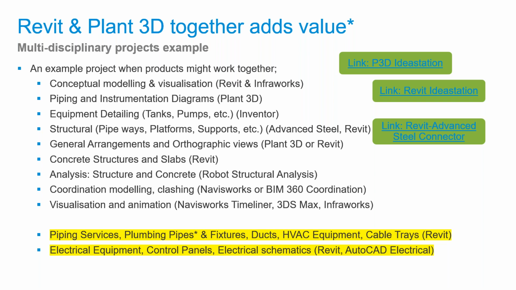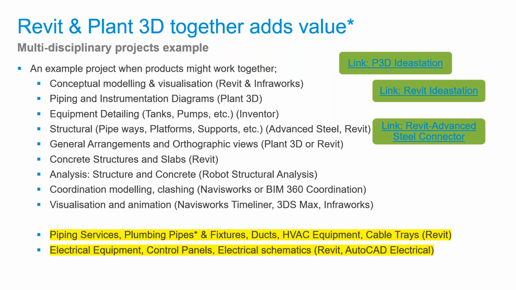And we put links for the idea station, either Plant 3D or Revit. And you can submit it if you have a very interesting idea to these forums. For example, the cable tray capability in Plant 3D has been requested many times. So that might be something which comes up in the future. At the moment, it's not possible.